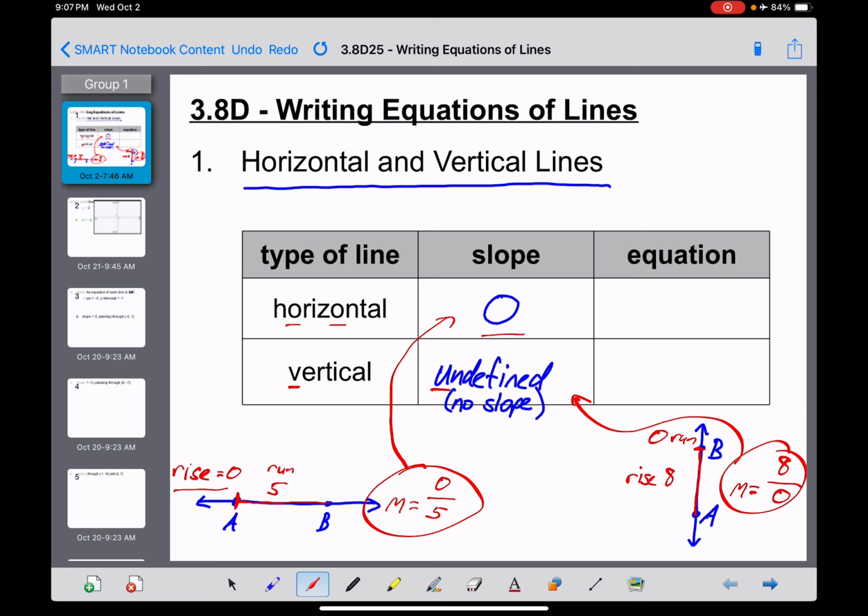That's something we already talked about in 3.8a, but now what I wanted to knock out real quick was the equations of horizontal and vertical lines. You're going to get a little bit of practice at this later in this section, so I'll explain this better then. But when we're dealing with a horizontal line, your equation is just going to be y equals some constant that comes after that.